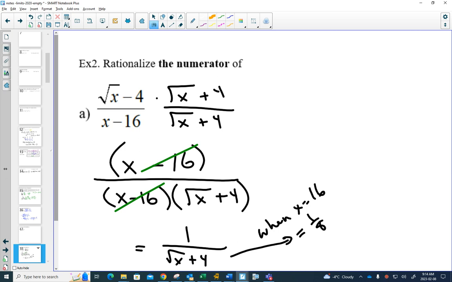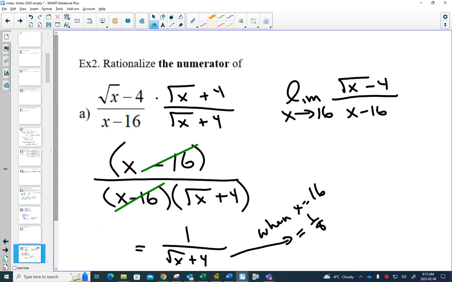So what we're going to find in calculus is going to ask us in limits, and it's going to look like this. What is the limit as x gets close to 16 for this? And you're going to say, I'm not allowed to put 16 in. In fact, I get 0 on the top and 0 on the bottom. But it's equal to 1/8.